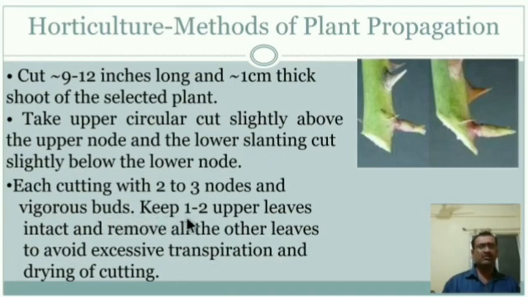Keep 1 or 2 upper leaves intact and remove all the other leaves to avoid excessive transpiration. If more leaves are there, more transpiration takes place, and the cutting loses more water. So it is important to avoid excessive transpiration and drying of the cutting.